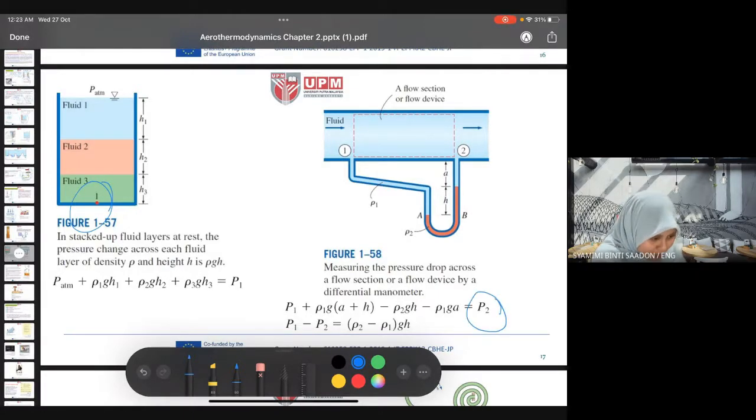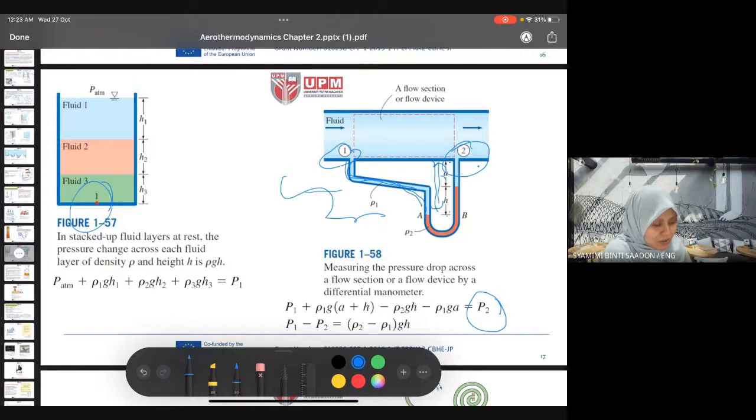P2 here will be equal to P1 plus rho 1 G times A, plus H, the total height. It doesn't matter what path you took, like this, etc. It only depends on the vertical height, which is A plus H.